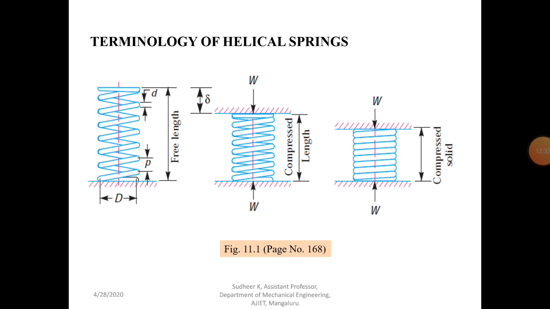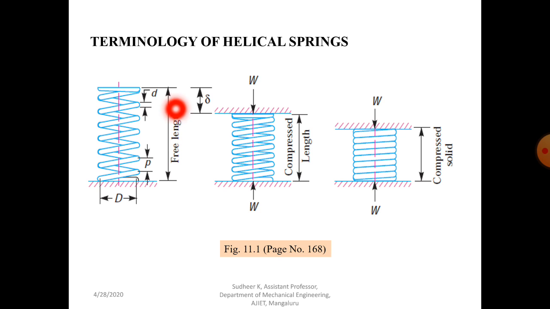We have to know about certain terminology of helical spring, which you can see in this diagram. There are three diagrams, and you can find them in your data book, from figure 11.1, page number 168. The first spring is in the unloaded condition, that is, under free condition.